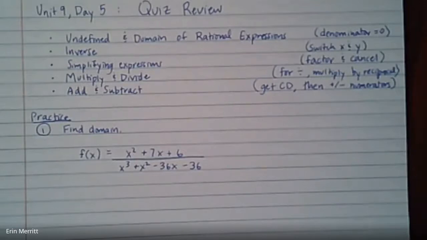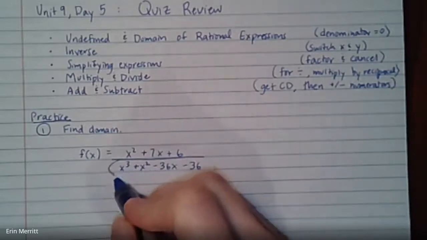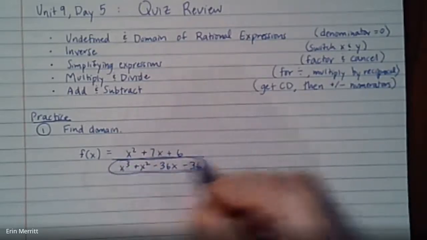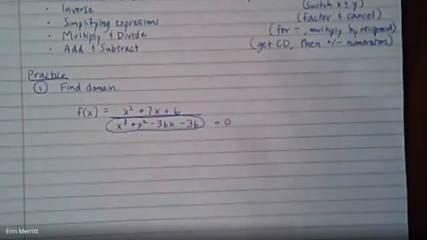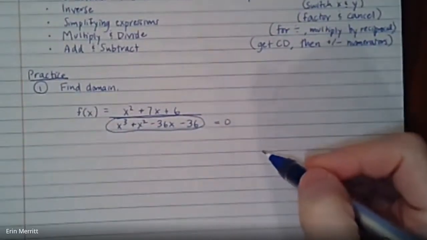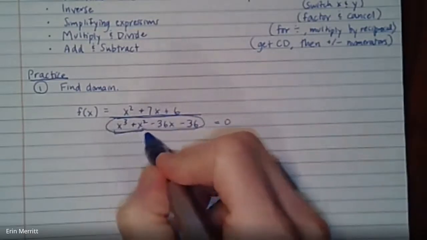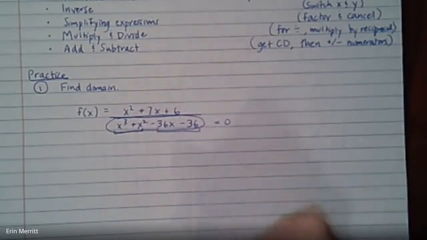Because we're saying find the domain, all we're focusing on here is the denominator. So take that denominator, set it equal to 0. This is a perfect example of doing some review of factoring by grouping, because you have 4 terms. So that's how we're going to do it.